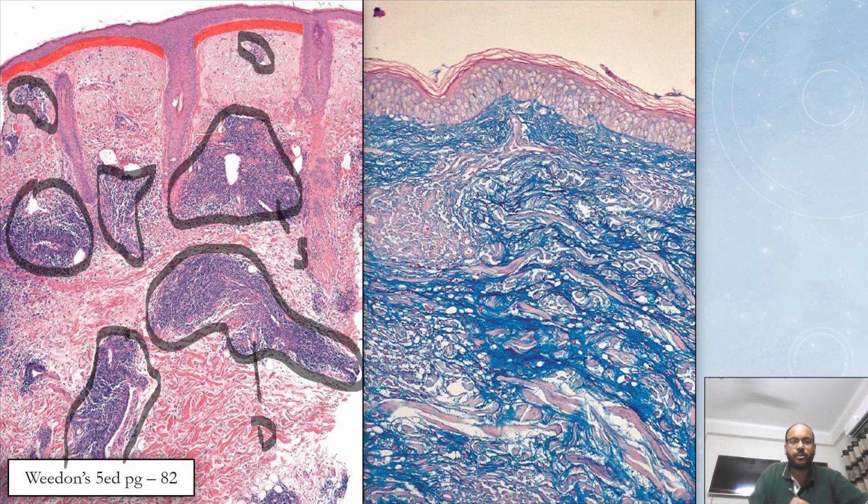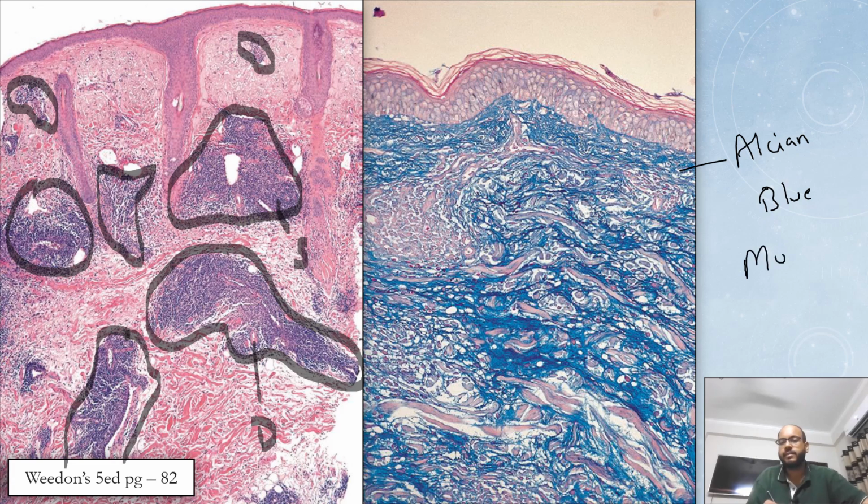Okay. So look when I remove this mark. Can you appreciate this thickening? Now the stain which is seen is Alcian blue. And what Alcian blue does is it stains mucin. So you can easily appreciate that mucin is increased in prolonged sun exposed areas in DLE, leading to significant solar damage.